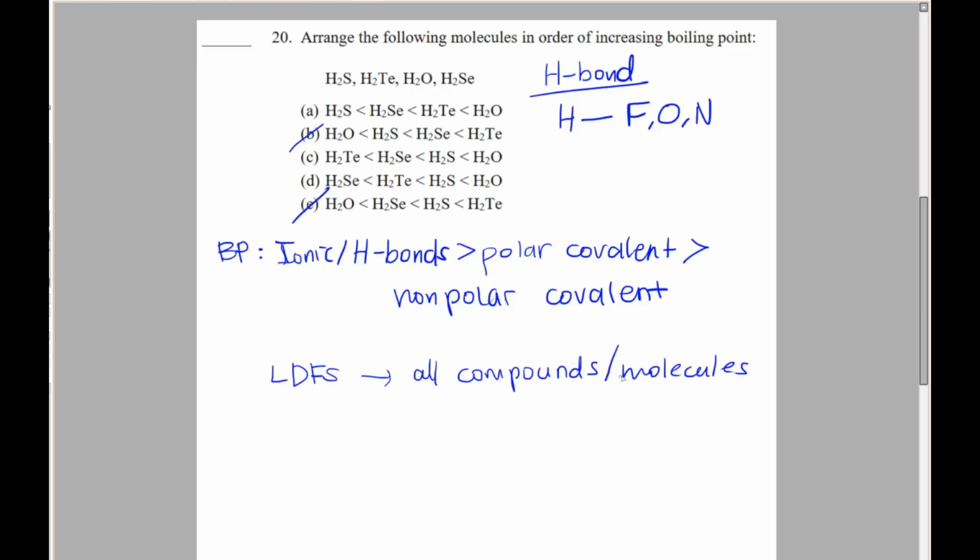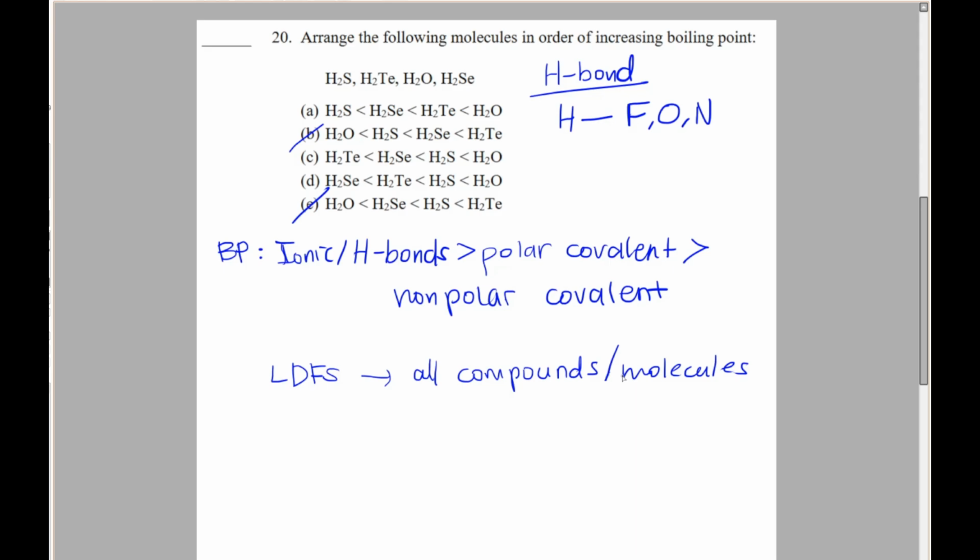However, they also increase with the mass of the molecule. The greater the mass of the molecule, the more London dispersion forces are in that molecule, so it's going to add up and be harder to break. So those more massive molecules will have a higher boiling point than the less massive molecules.